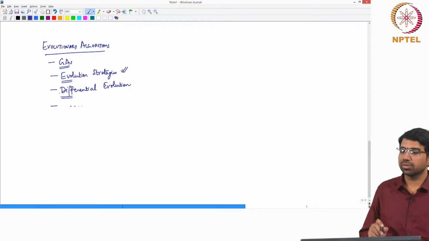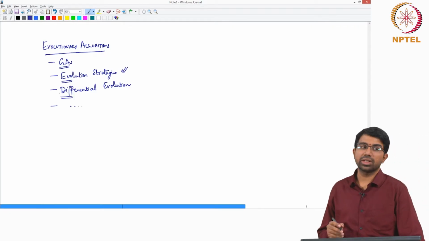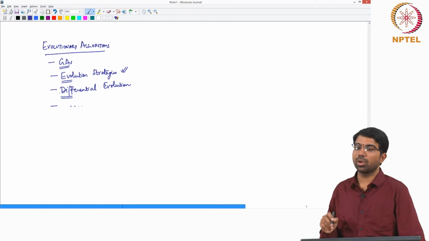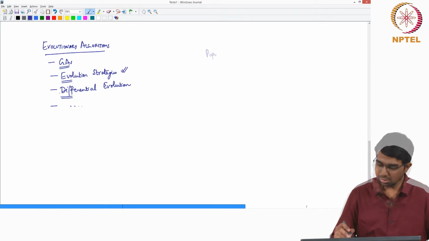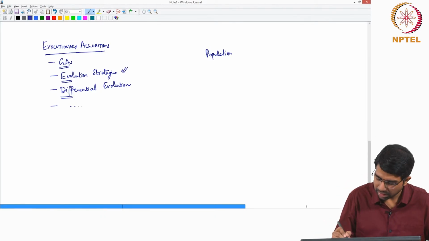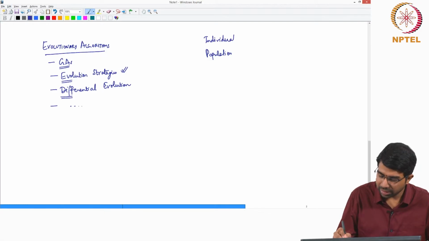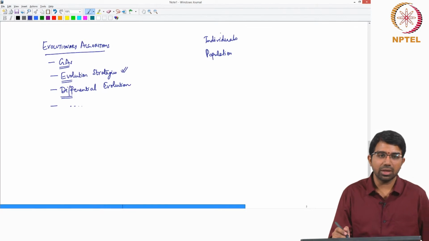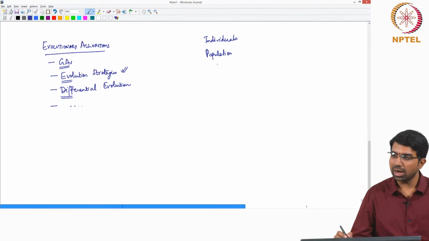So for this, first we need to understand the various concepts of evolution. The first important thing about evolution is it happens only in populations. So you need a population, and every population is essentially made up of individuals. And how does evolution occur? It happens via mutation, crossover and such.